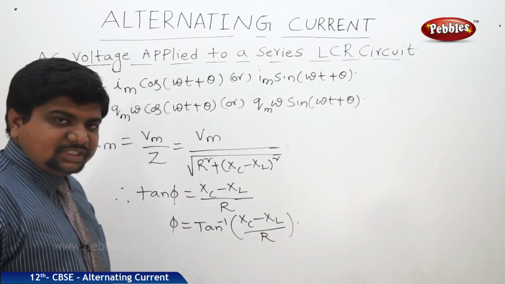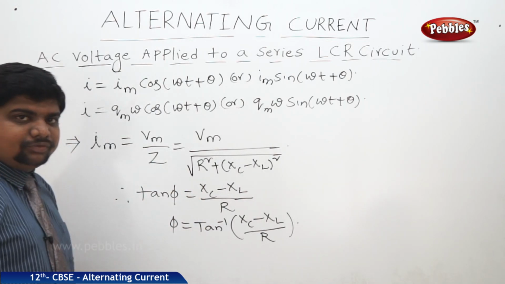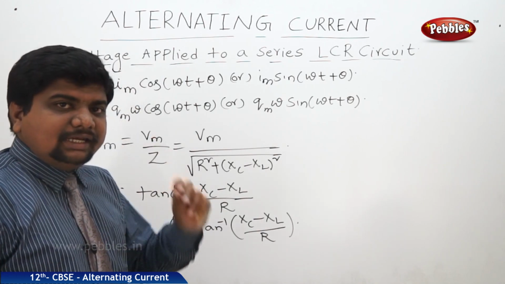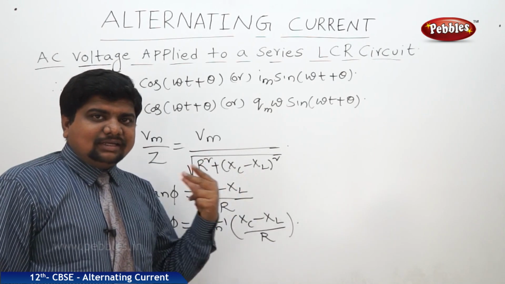So these are the solutions we got for the values Im and φ. This is called the analytical solution of the series LCR circuit.